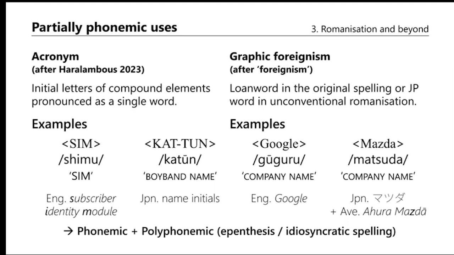And the car company Matsuda is spelled like that for a very interesting historical reason, if you are interested. But my point is, again, because of epenthesis and also idiosyncratic spelling, here and there we have non-phonemic mappings. So this is partially phonemic.